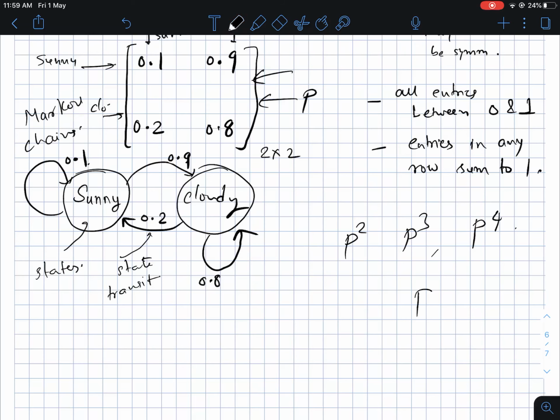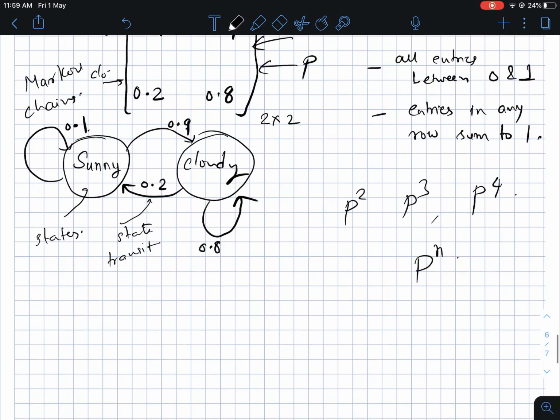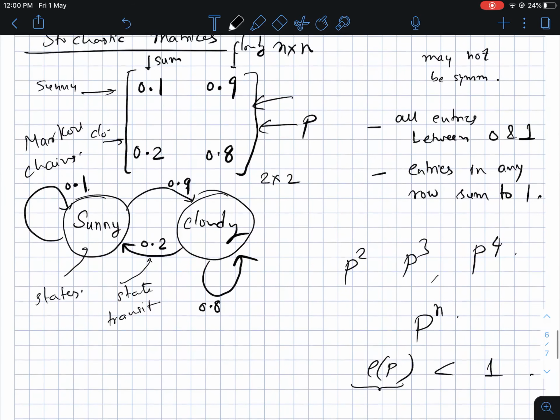So in general, you are going to be interested in matrix powers, P to the n. And anything to do with matrix powers, we know that the spectral radius is a very important component. You want to know that the spectral radius is less than 1 for these matrices, for things to make sense eventually. So we need some estimate of the spectral radius of such matrices. That's where I'm going to insert the Gershgorin circle theorem.